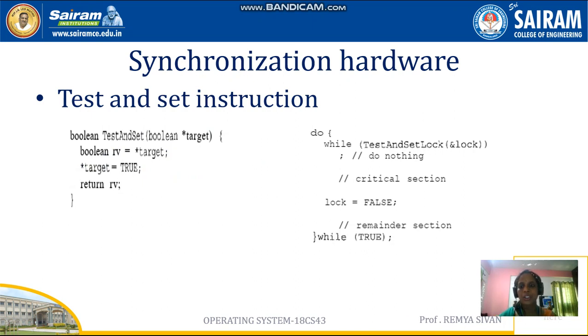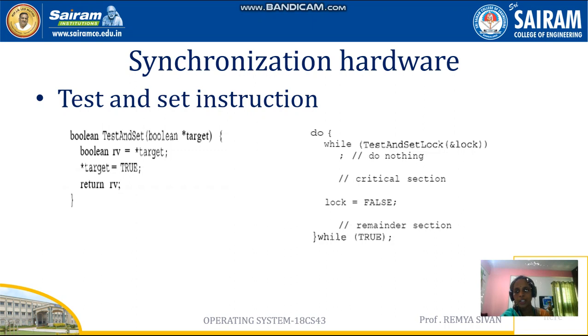Synchronization hardware, test and set instruction. Test and set instruction is a kernel side instruction, and here the left hand side algorithm is the definition for the test and set instruction. The right hand side algorithm shows how the test and set instruction can be used to preserve mutual exclusion. Test and set works atomically. The value of the target variable is copied to another variable RV, then we have to keep the target variable as true.